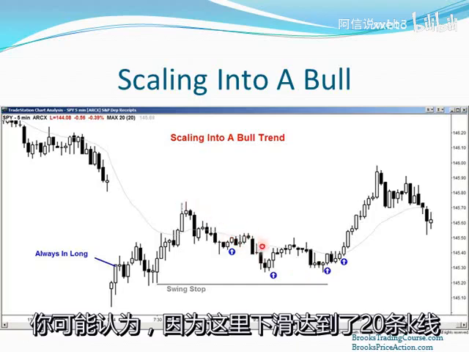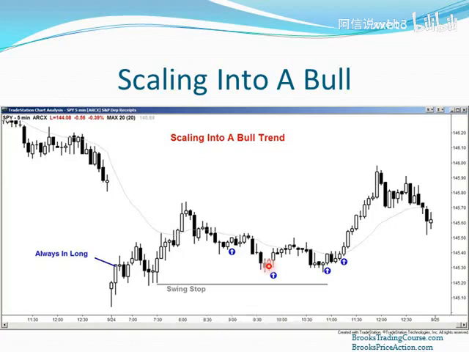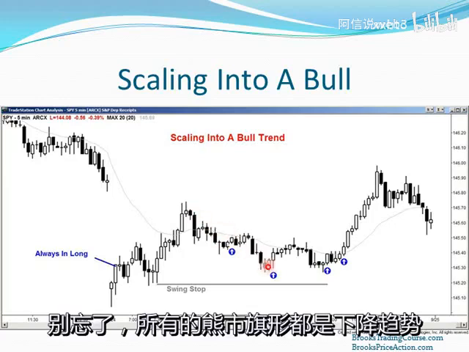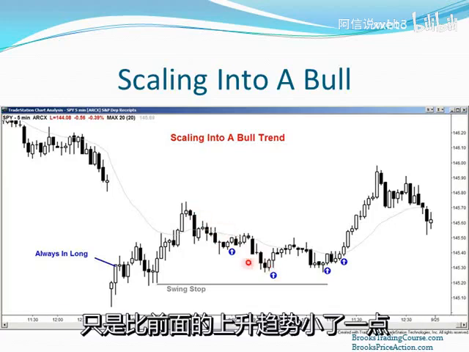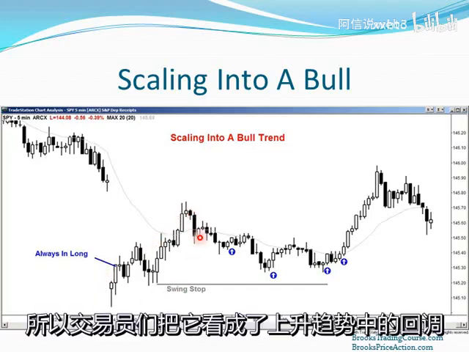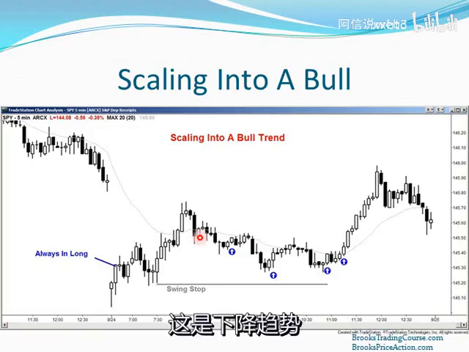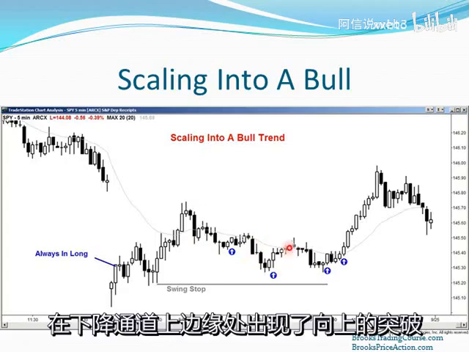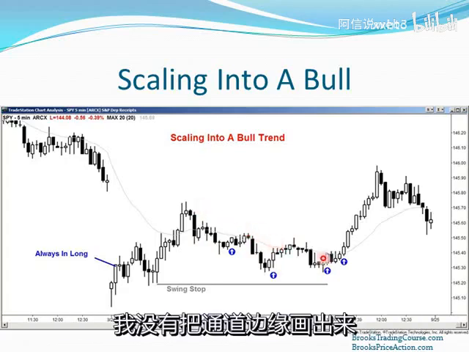You can also look at this and say, it went down for about 20 bars, so it's a bear trend. Remember, all bull flags are bear trends. They're just smaller than the bull trend that preceded them, and they're so small that traders believe that they're simply pullbacks within the bull trend. So here we have a bear trend. We have a bull breakout above the top of the bear channel. I did not draw the channel line in.